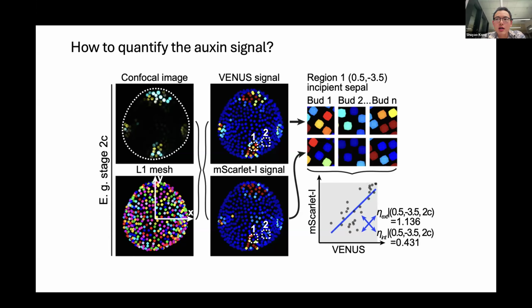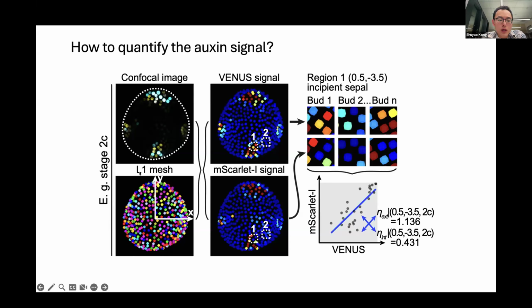Then we ran the extract local maxima command, which gave us the position of the center of each nucleus. From these centers, we created a ball mesh around each center. That's what you're seeing here.